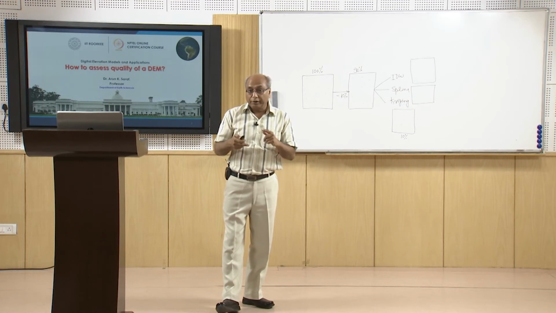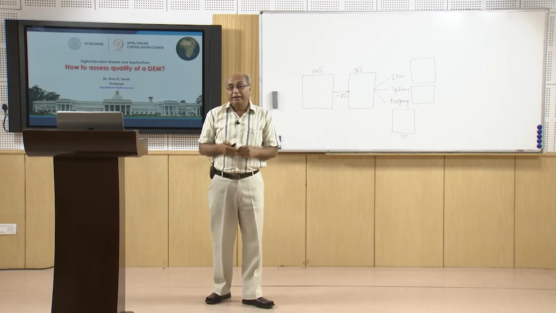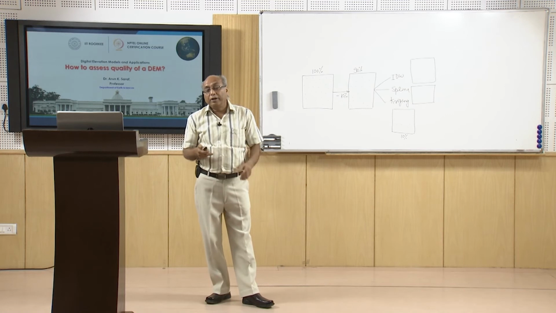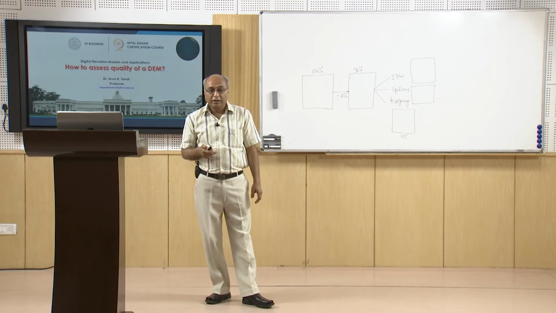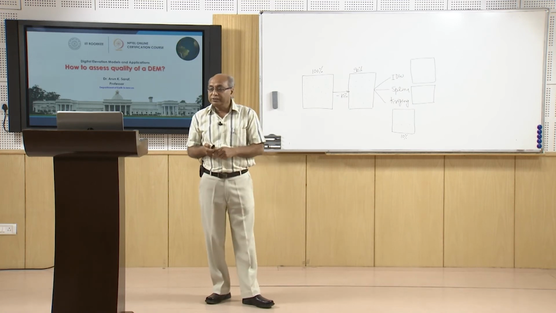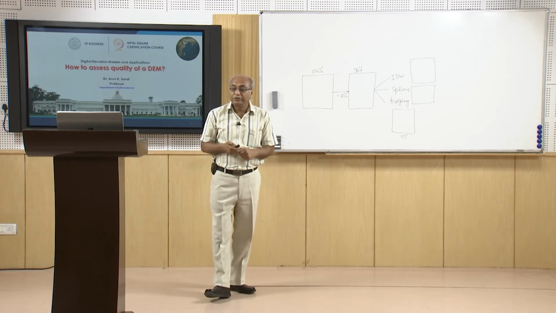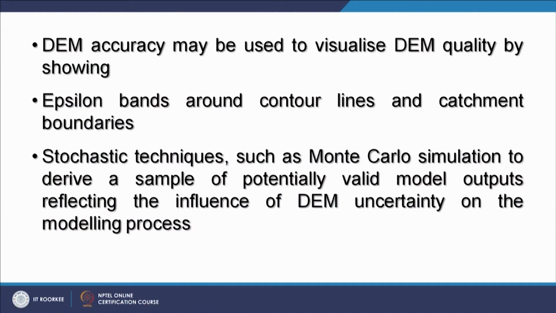That is also because these boundaries can tell us how accurate a digital elevation model is. This is another way: stochastic techniques such as Monte Carlo simulation to derive a sample of potentially valid model outputs reflecting the influence of DEM uncertainty on the modeling processes. So that also can be employed.